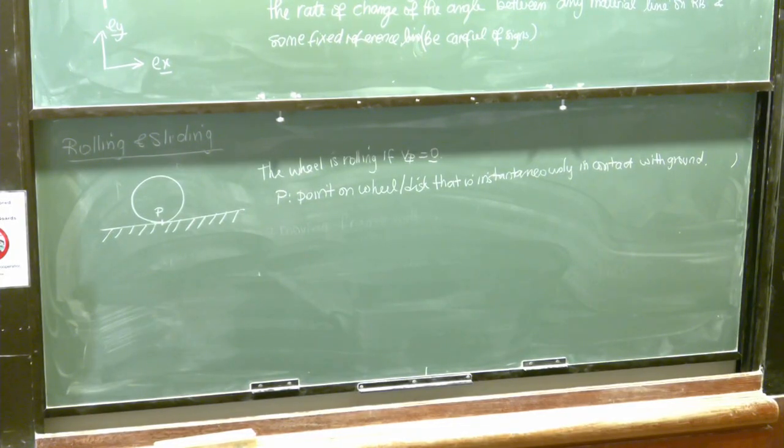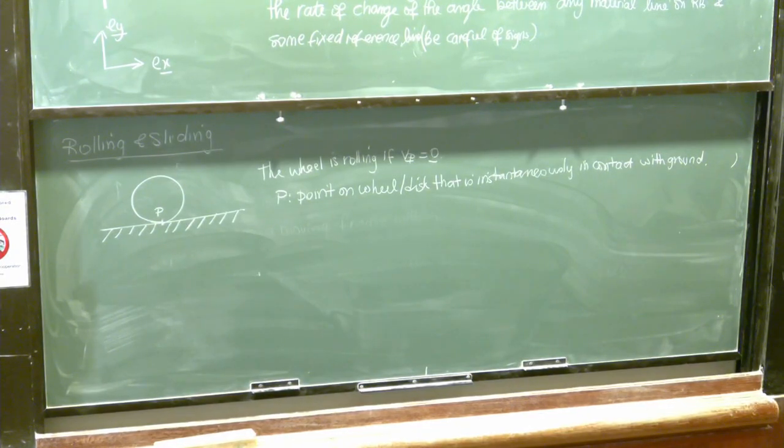Okay, so what do we think? What is the IC for this wheel? P, right? Why? Yes, it's the point on the wheel which has 0 velocity at this instant, which is P.